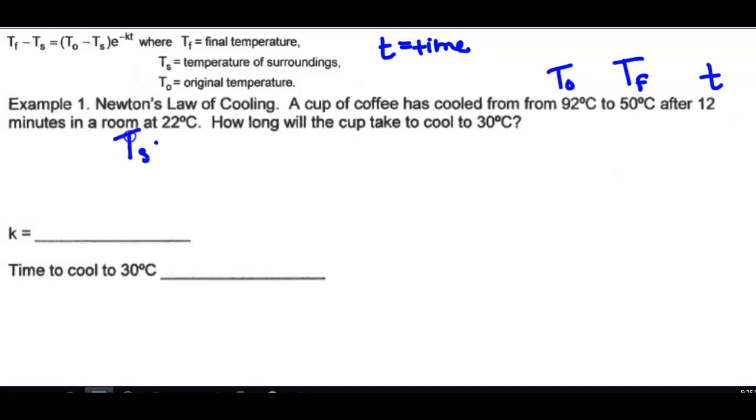So T sub S is this number. How long will it take to cool to 30 degrees? We don't need this yet. This is for the second half of the question. We don't use this at all. This is for the second half. We're going to go back and use this as the final temperature after we find K.